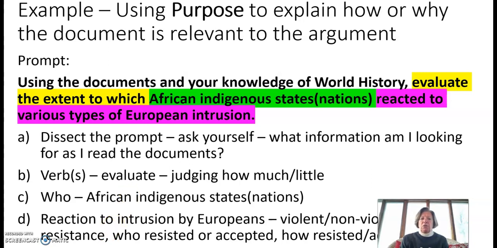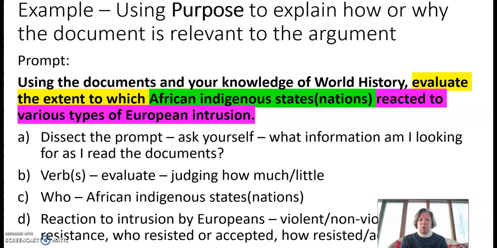The first thing that you have to do is dissect the prompt. So ask yourself, what information am I looking for as I read the documents? I'm looking for my verbs. So I'm evaluating, which means to judge how little or how much something is occurring.